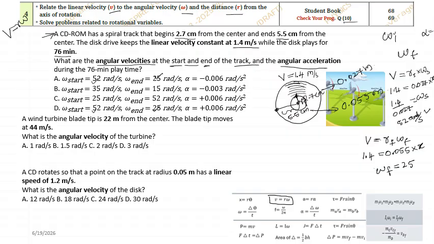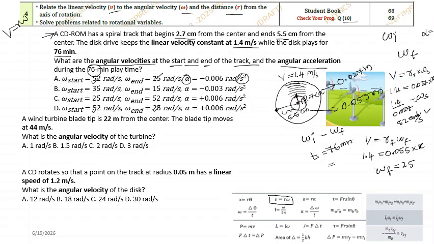So to get the final answer, what is to be done? You need to calculate alpha as well. So how do you calculate alpha? You have omega initial, you have omega final, and you have time taken as well. What is the time taken? Time taken will be 76 minutes. Always remember that acceleration will be counted in seconds.